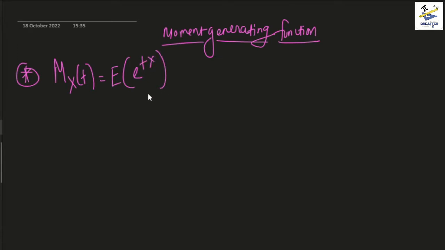This was the basic definition for the moment generating function of any random variable X, and E of expectation of e to the power tX is basically how we define it. There are other definitions of course, which I am going to write.